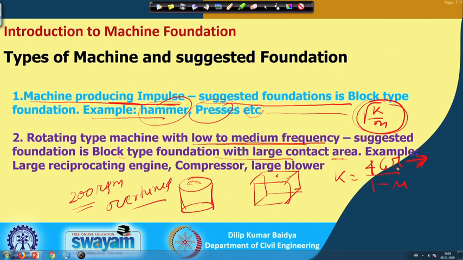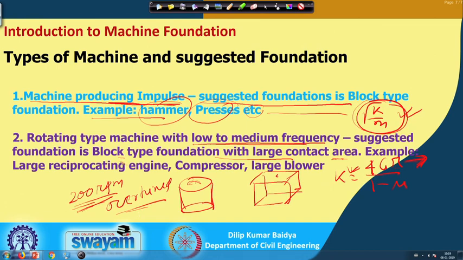When contact area becomes large, k becomes large, and when k becomes large, natural frequency becomes large, and that is the purpose. Because for low frequency machines we generally design an overtuned foundation, and overtuned means natural frequency should be higher than the operating frequency.